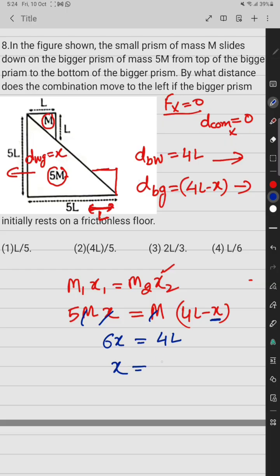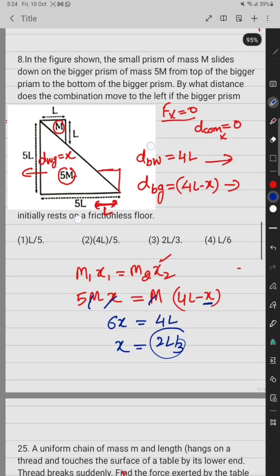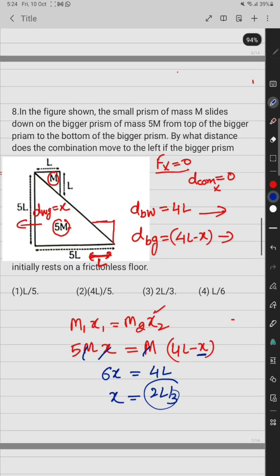Therefore the displacement is 2L by 3. That is the displacement of the wedge. What is asked? Does the combination move to the left side? How much will it go to the left? It will go x to the left, and the value of x is 2L by 3. So the correct option is the third.